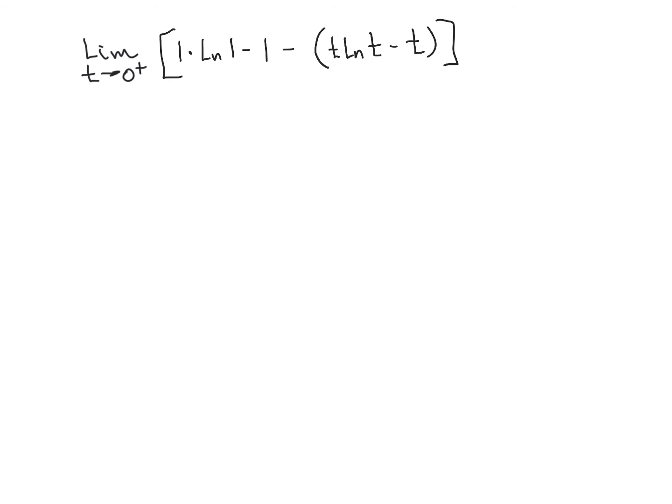Natural log of 1 obviously is 0. This is equal to the limit as t approaches 0 from the right of minus 1 minus t natural log of t, plus t.